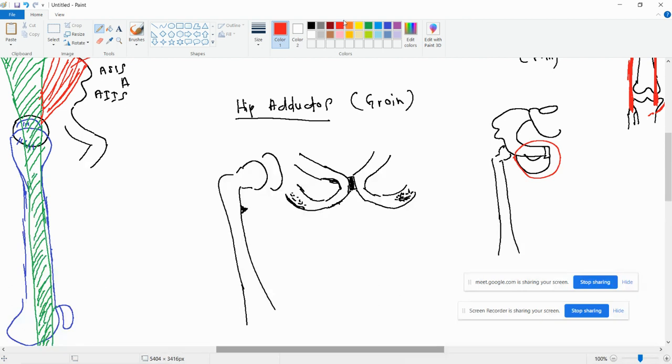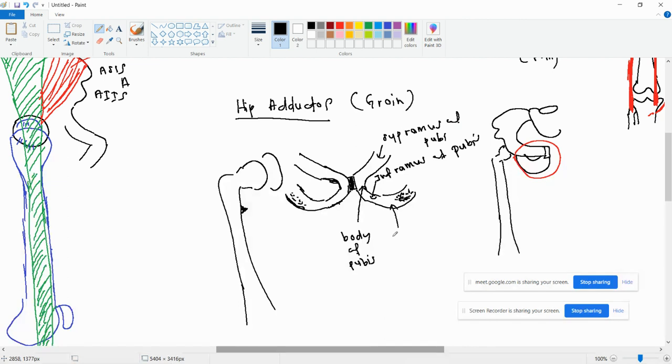This is your superior ramus of pubis. I think you can label everything. This is the body of pubis, and I assume every bony structure of the femur and pelvis you should be very familiar with. And here is the inferior ramus of pubis.